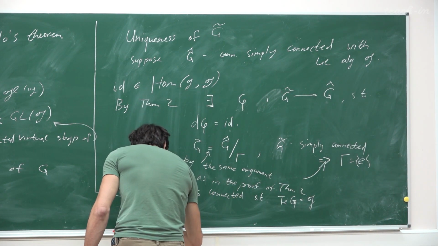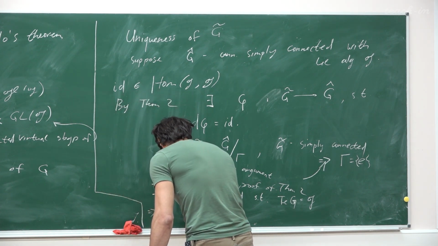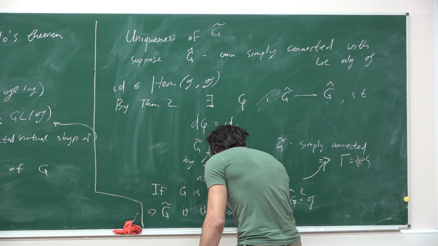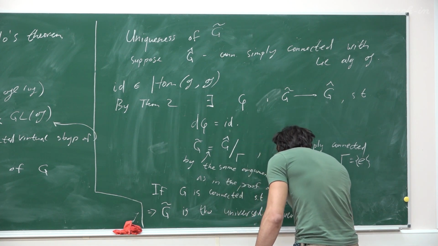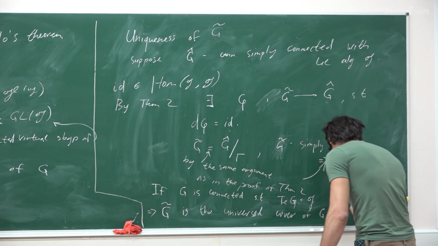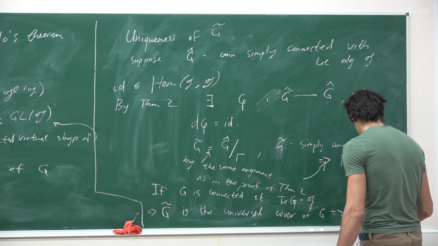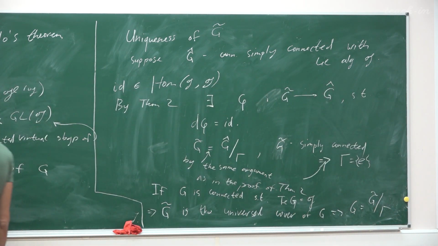So then G tilde is the universal cover of G, and so therefore G is G tilde over gamma, for some discrete gamma. Okay, so we proved all the statements in theorem 3.